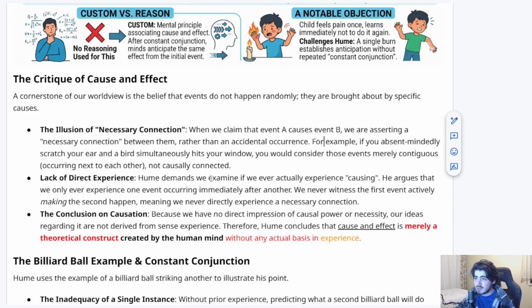He demands we examine if we ever actually experience causing. He argues that we only ever experience one event occurring immediately after another. We never witness the first event actively making the second happen, meaning we never directly experience a necessary connection.